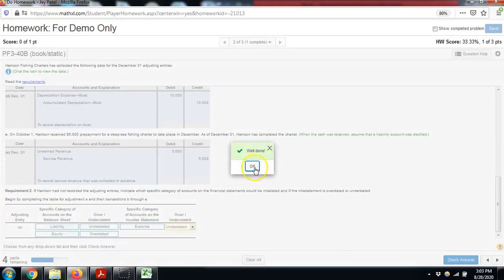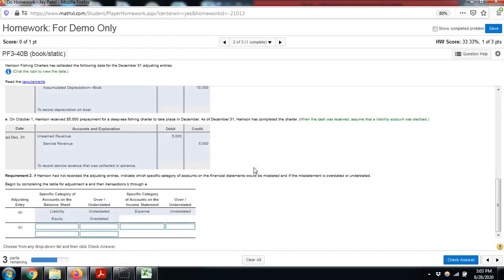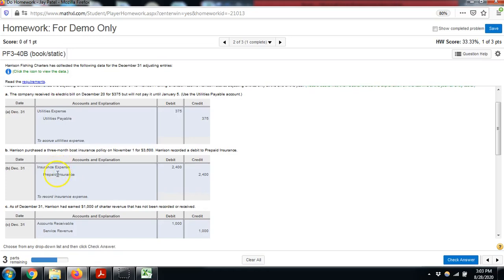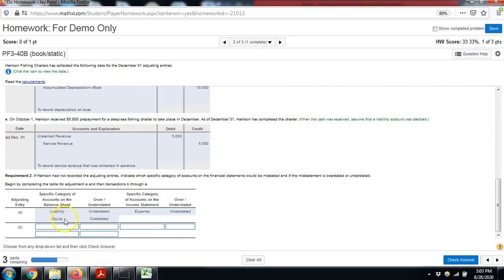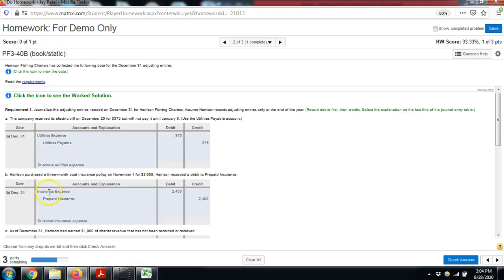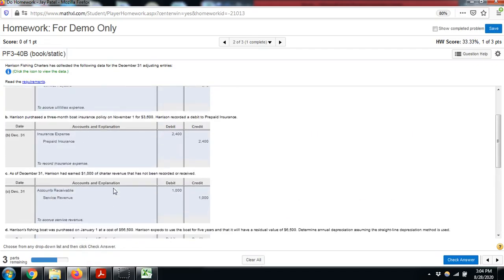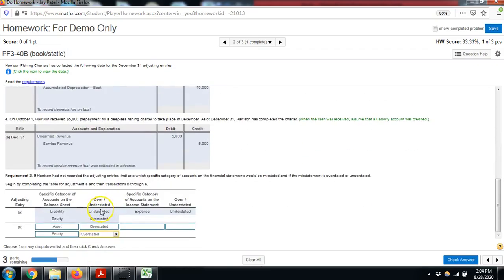So let's see if we got this. Okay, so B, let's see what B was. Insurance expense and prepaid insurance. So prepaid insurance is an asset, so that's definitely going to be affected. And the other side of it was recording an expense, so that's an equity account. And so the asset, if we did not reduce it by drawing it down, it would have been overstated. And our equity would also be overstated because basically assets equals liabilities plus equity.